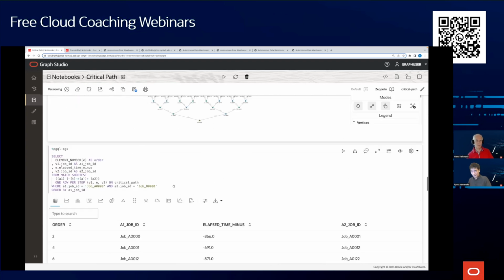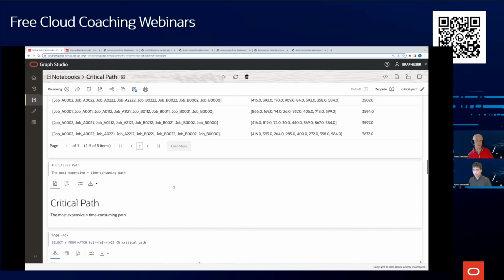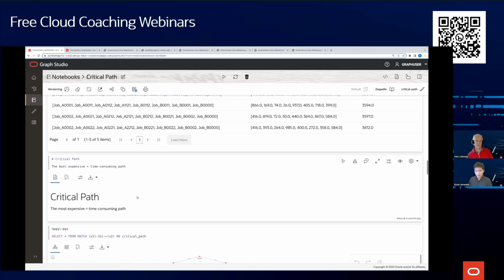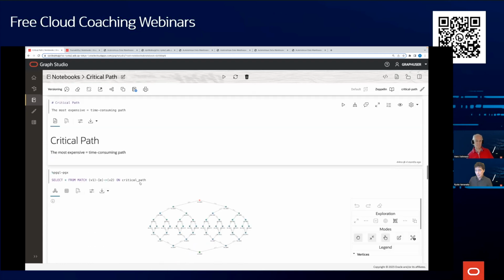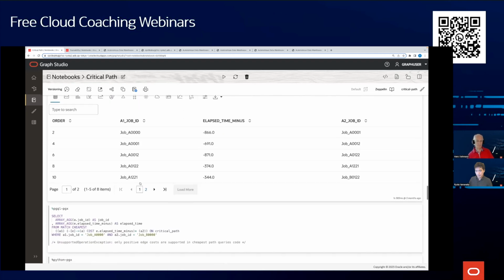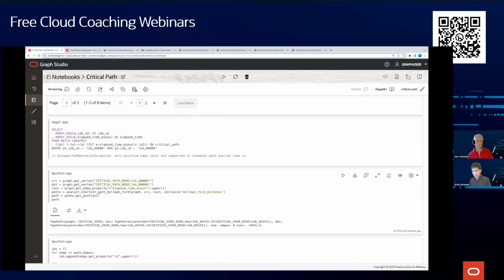So we need to use another shortest path algorithm, which is, let me move to this part, yeah, called Bellman-Ford. As you can see, in the built-in functionality of shortest path in PGQL, only positive edge costs are supported in shortest path or cheapest path query code.